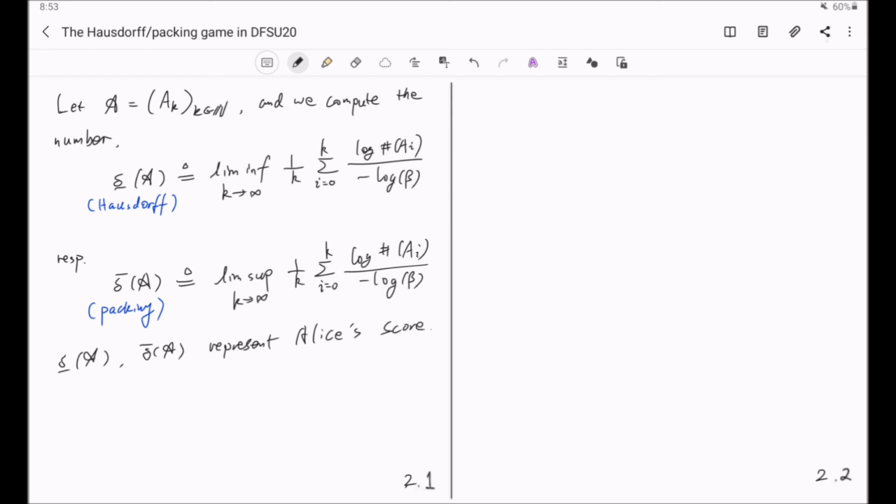Another question is, how do we determine when Alice is winning? Here's the definition.